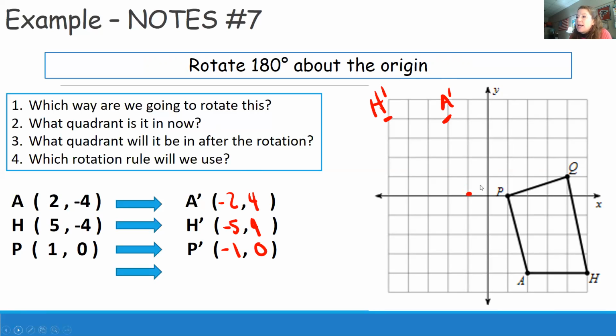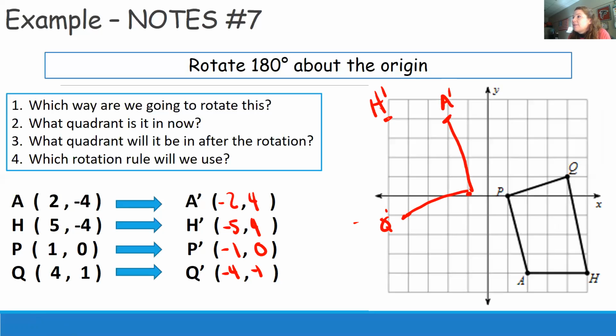So there's P prime, and then the last one is 4, 1 becomes -4, -1. 1, 2, 3, 4, -1. So there's our Q right there, Q prime. So we just flipped it upside down, turned it, and there we go.